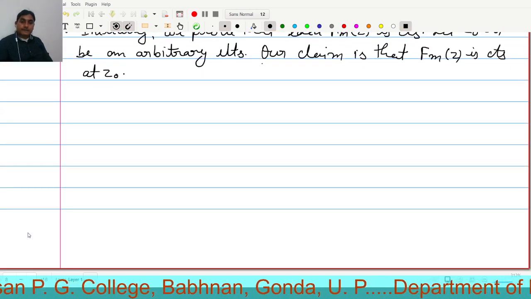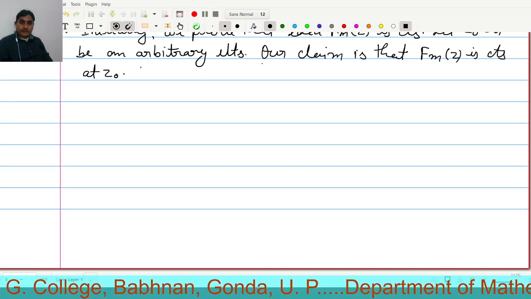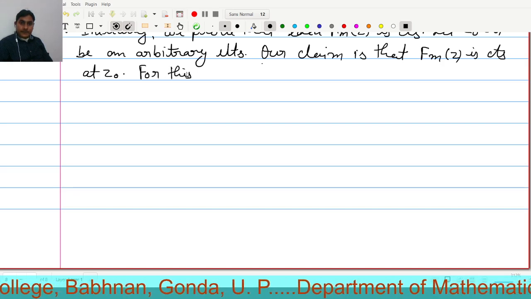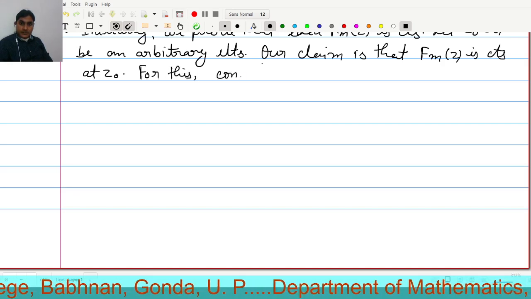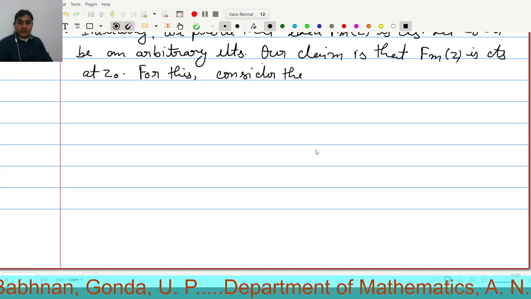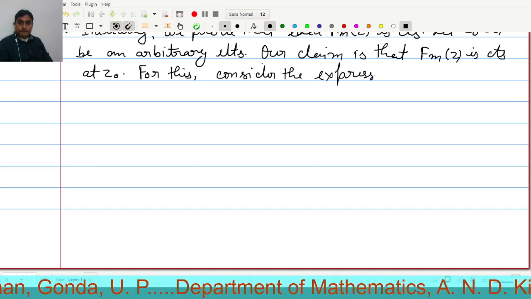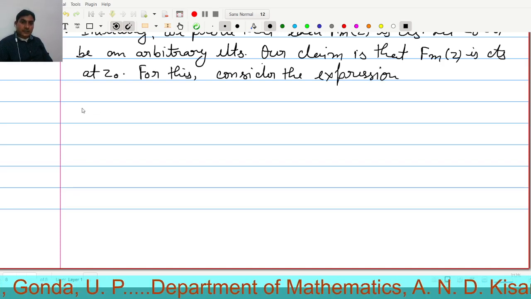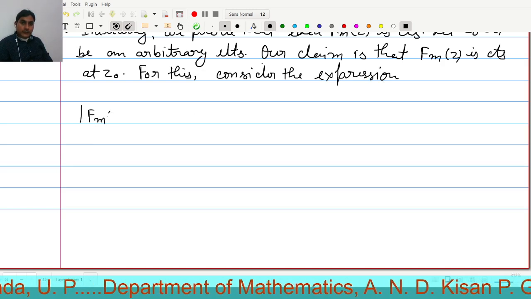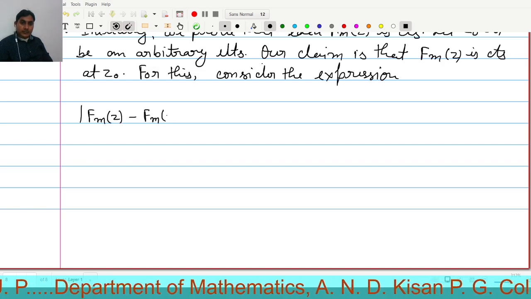For this, consider the expression mod of F_m(z) minus F_m(z0).